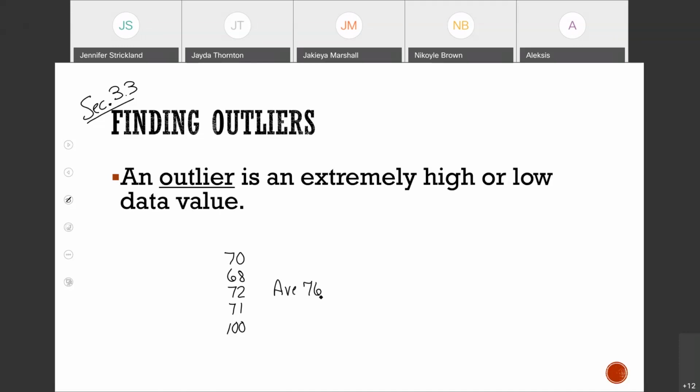That to me is suspect, because all 4 of those other grades are actually underneath the average. As a class average, that's not very realistic. Why is the average so much higher than all 4 of these grades? What happened?